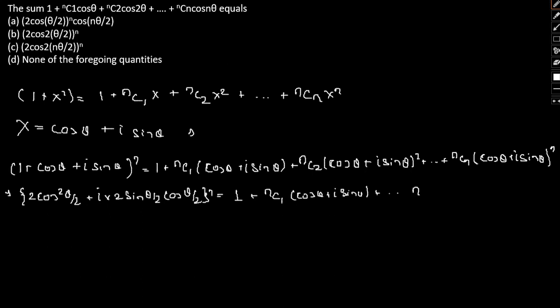Okay, so I'm just writing it in this way so that things are understood, up to nCn (cos theta plus i sin theta) to the power n.